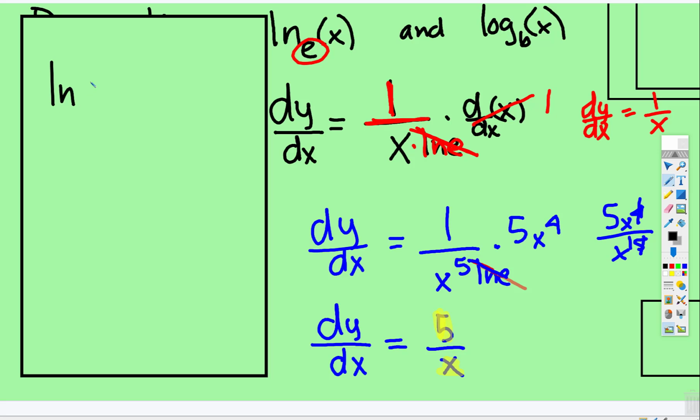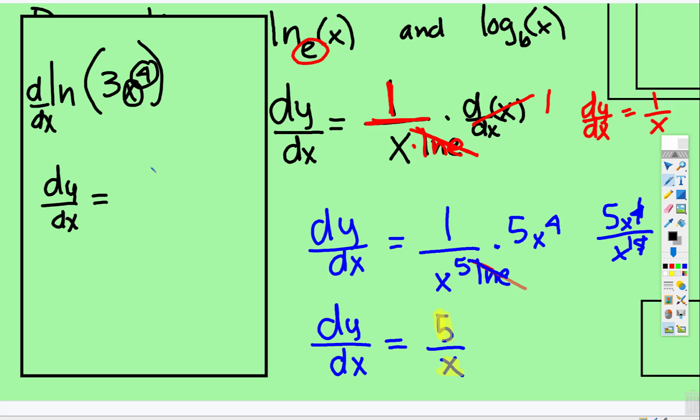So let's do another one of those really quickly so you can see what I mean. So if I want you to take the derivative, so d dx of 3x to the 4th, so look at what this is. I predict that the answer will be 4 over x. So dy dx is equal to 1 over 3x to the 4th times the natural log of e, and those cancel.